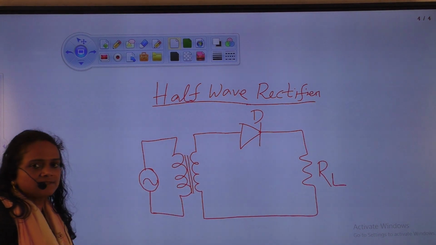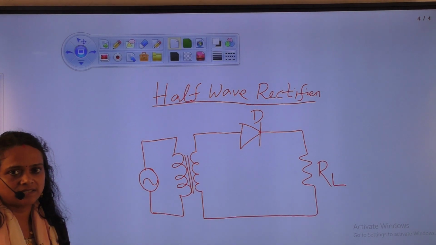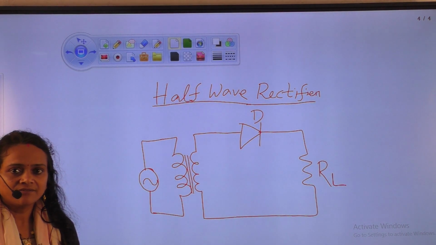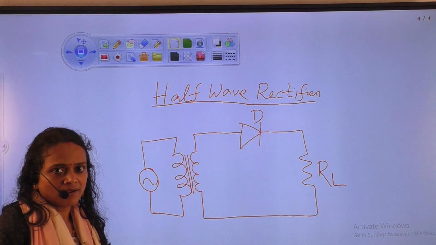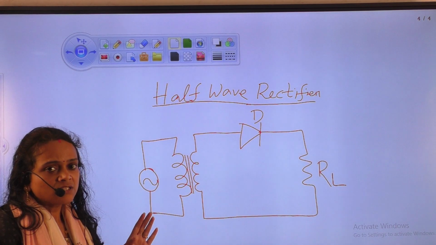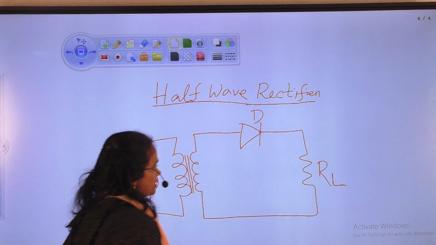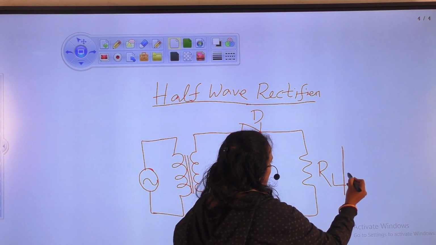The circuit consists of a transformer, a diode, and a load resistor. We generally get our output at the load. So here we use a resistor as load, and we get our output here.